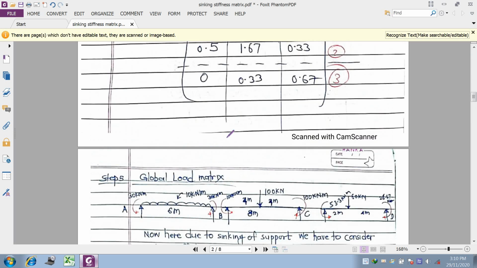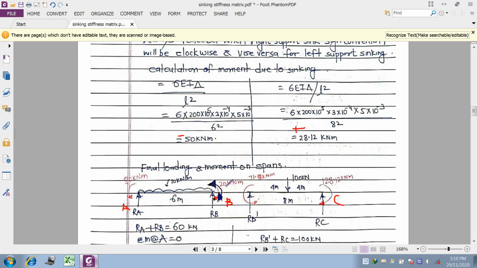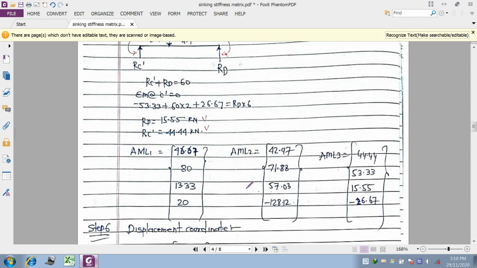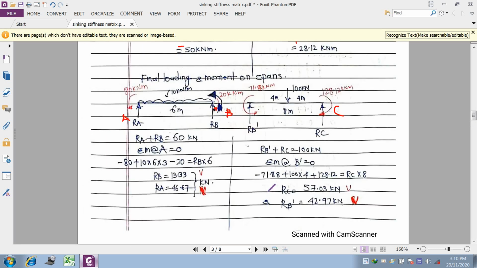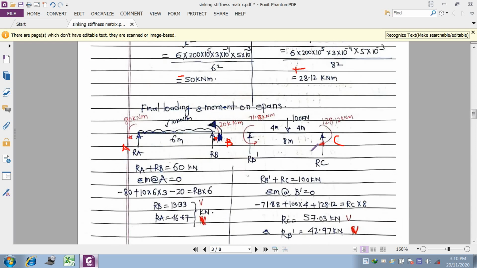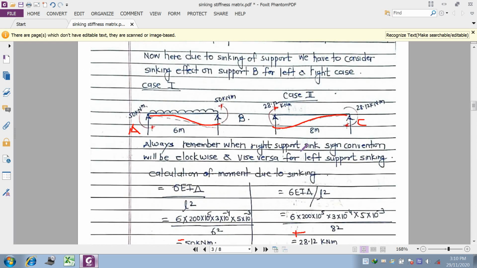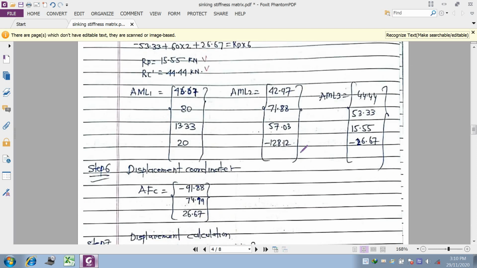So 1.1 is this calculated, this is final, minus 20 and minus 71.88, so it will be equal to minus 91.88. Similarly our second point will be here, this point, so it will be 74.79.